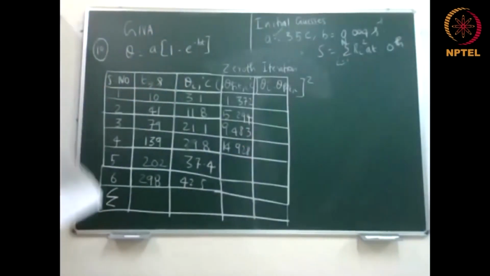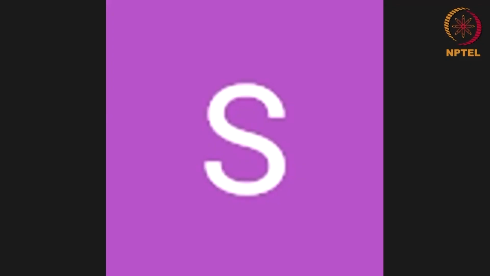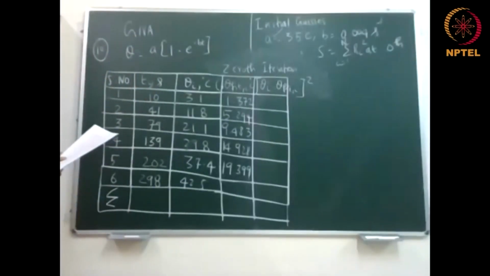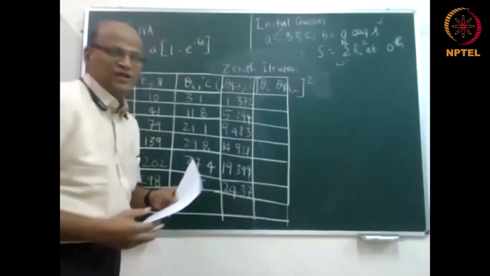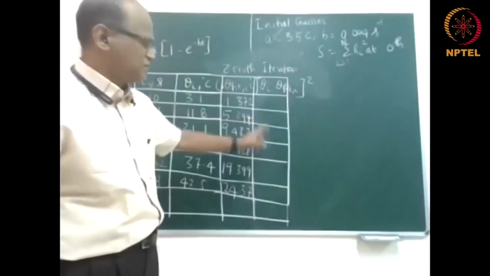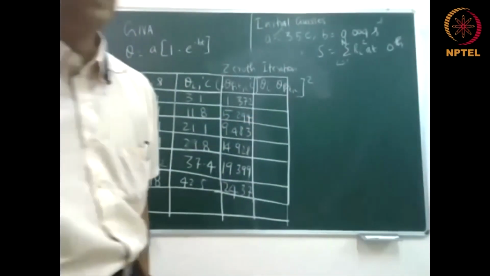Fifth. 19.398. Yeah. Last one. 24.373. Very good. Yeah. Now, please evaluate the last column and get the sum.